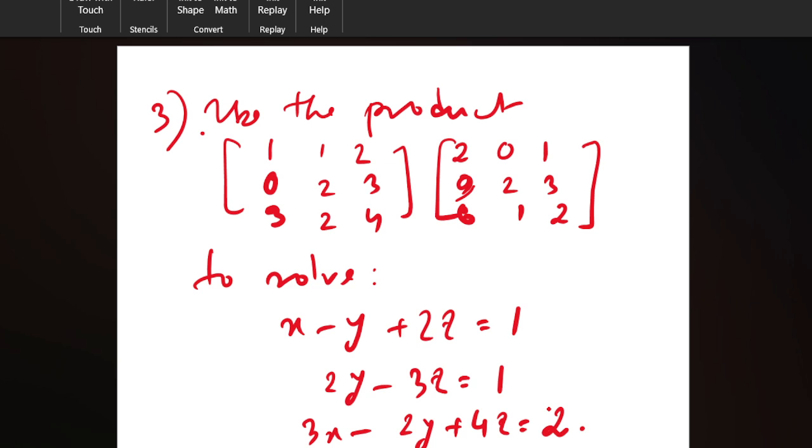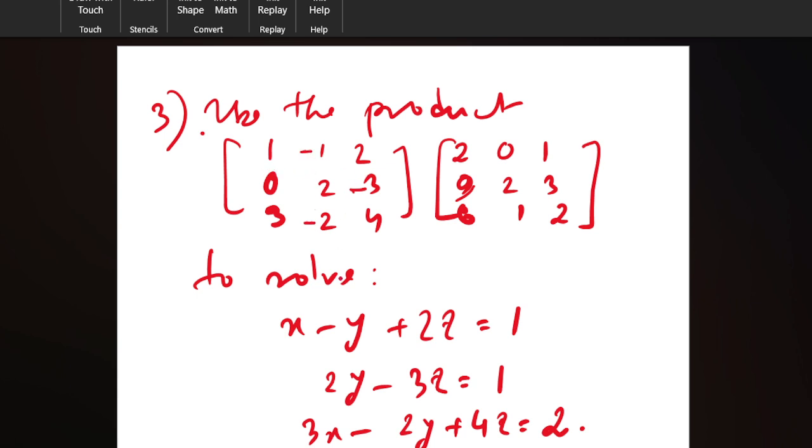Here one matrix is the coefficient matrix of the system. Here one correction: you put a minus 3. Then 3, minus 2, 4 here, and minus 1, minus 1, 2.